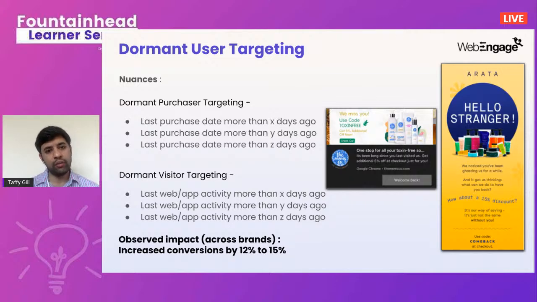Herein, for dormant purchaser targeting, what brands can ideally do is create three clusters. Users whose last purchase date is, let's say, X days. Second, users whose last purchase date is Y days. And again, users whose last purchase date is, let's say, Z days. The reason I have kept this as X, Y, and Z is that no two brands are similar. The days that would be here for, let's say, a jewelry brand would differ considerably compared to what it would be for a grocery brand.